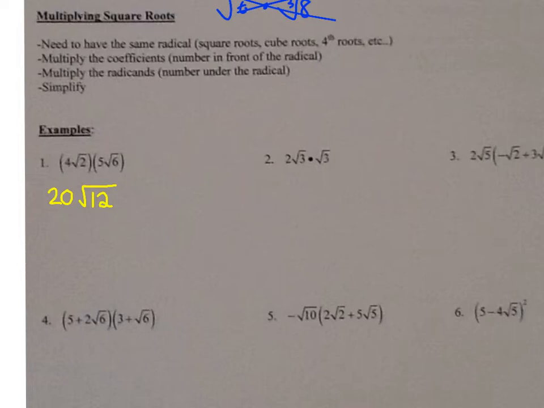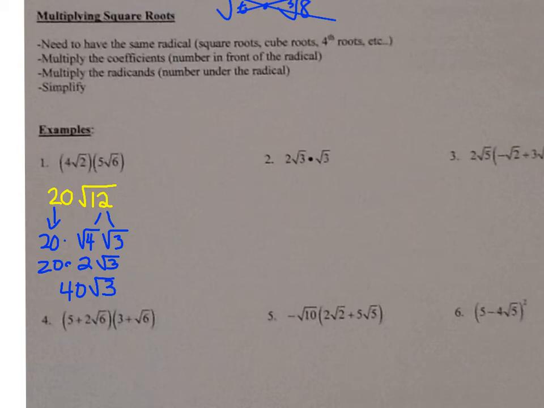Now we can simplify this. So the largest perfect square that goes into 12 is 4 times 3. Don't forget to bring down the 20. So it's 20 times the square root of 4 is 2, and then we have the square root of 3. And 20 times 2 is 40, so my answer is 40 the square root of 3.